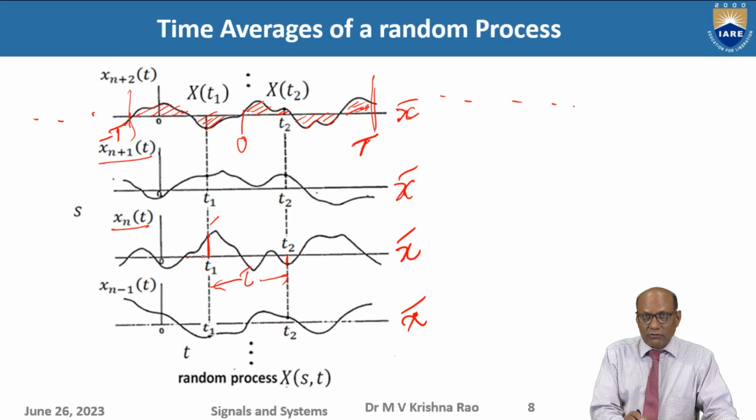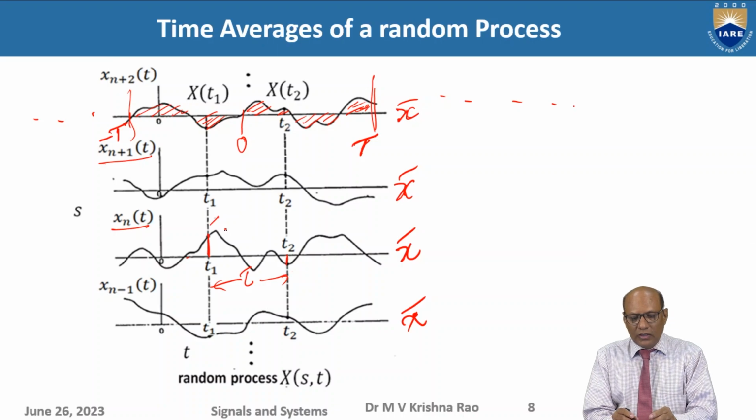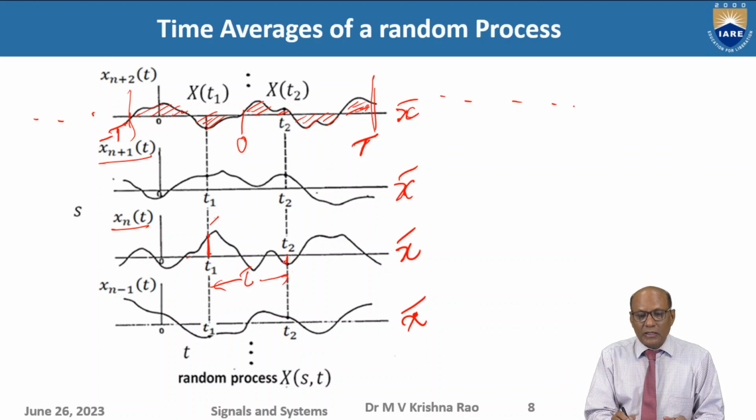So with respect to t1 here, you have to fix tau equal to 0 somewhere. That means t1 equals t1. Tau equal to 0 means the same point, this value multiplied by the same point. So one value I am taking here, and one value from the same waveform tau away from that, and these two I am multiplying. Again another tau, this is fixed, another tau.